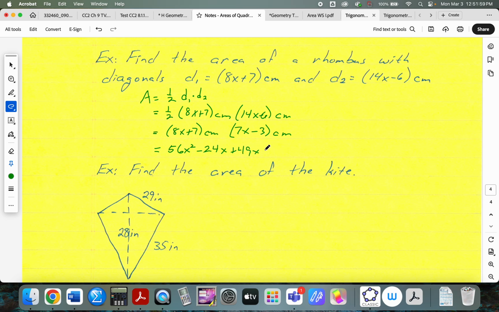And 7 times negative 3 is negative 21. And centimeters times centimeters is square centimeters. All that's left for me to do is group the like terms. 56x squared plus 25x minus 21 square centimeters.